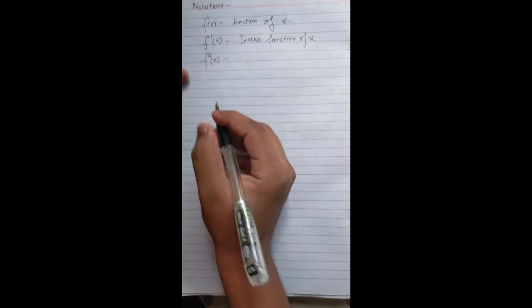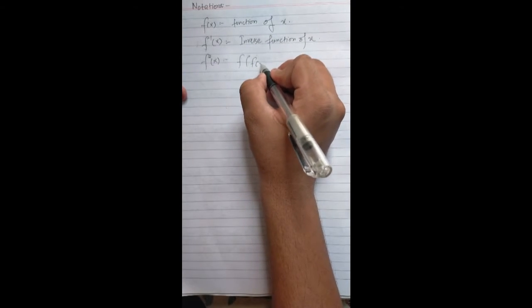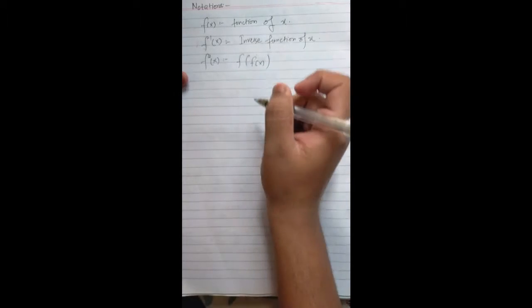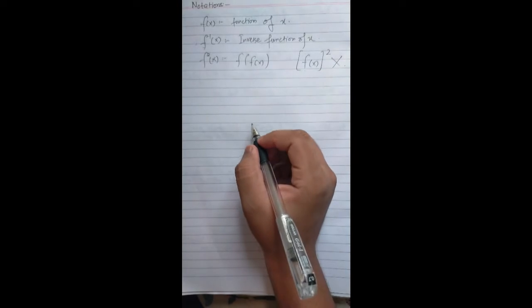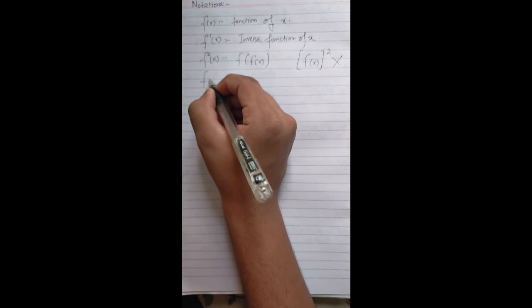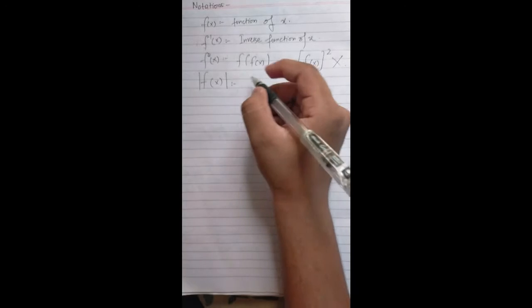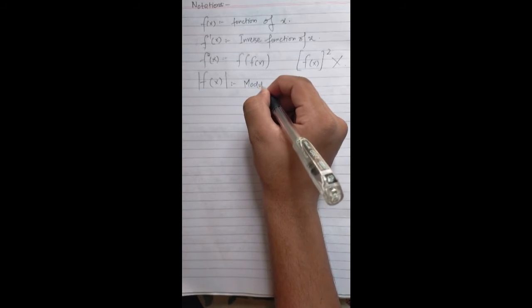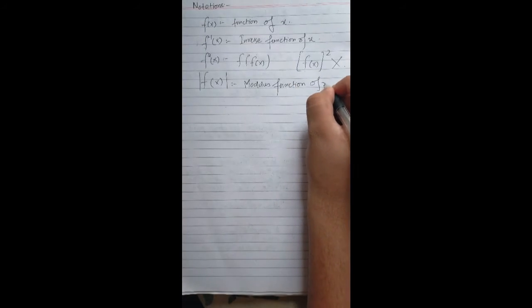This is the composite function in which we input the function f of x into the same function f of x. This does not mean f of x whole squared. This is a composite function. Then we have the modulus function of x.